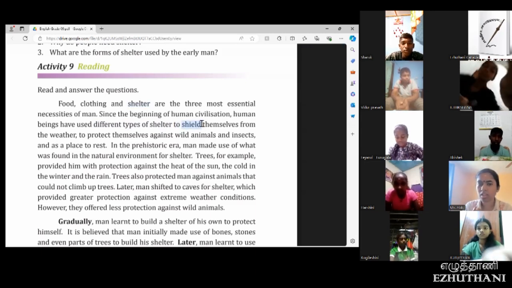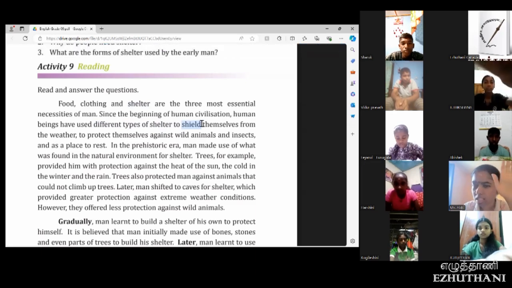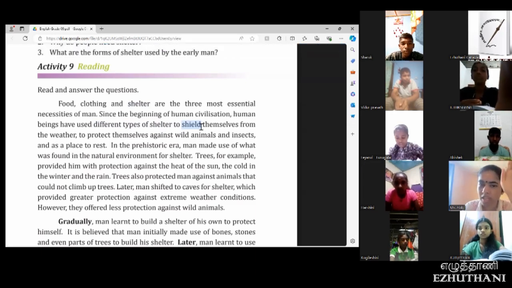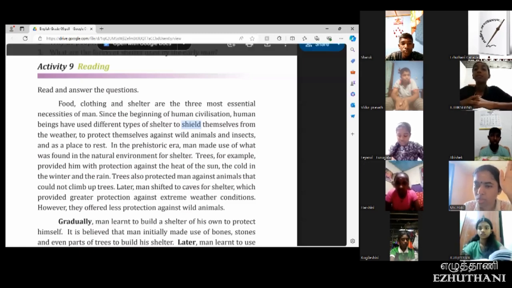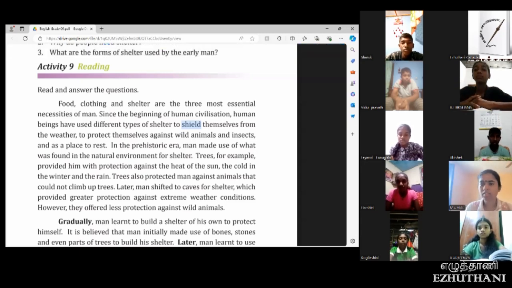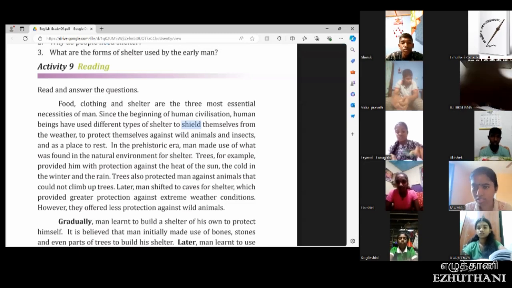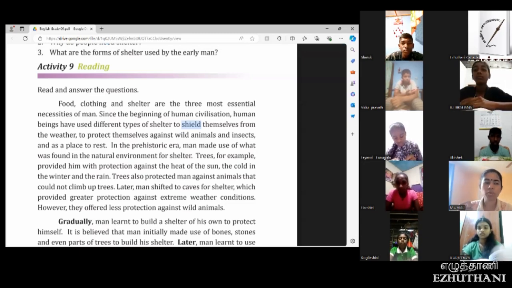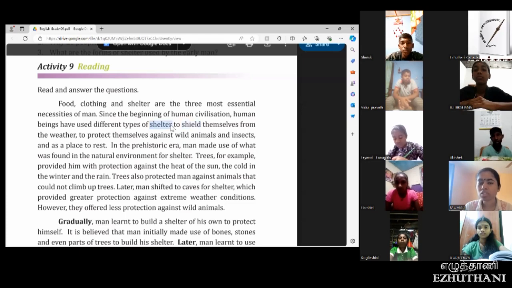To shield themselves. Who here knows what shield means? Shield artham therinja kayatungo. Okay. Shield means to cover themselves. So when you have like ஒரு ஆள் போருக்கு போகேக்க அவ வந்து ஆர்மர் எல்லாம் போட்டு soldier suit எல்லாம் போட்டு போவாங்க, that's a shield. So types of shelter to shield.